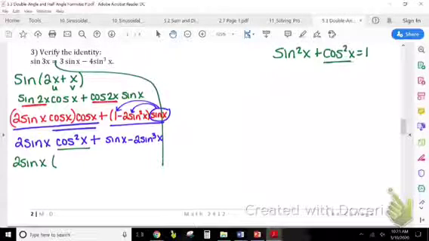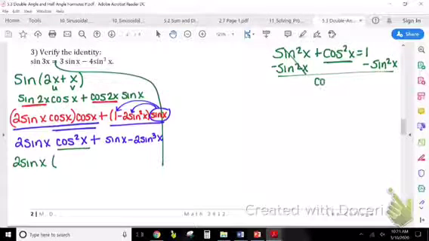So I need to get cosine squared by itself, so subtract the sine squared. And so we know that cosine squared is equal to 1 minus sine squared. And so we can replace cosine squared of x with what? 1 minus sine squared of x.